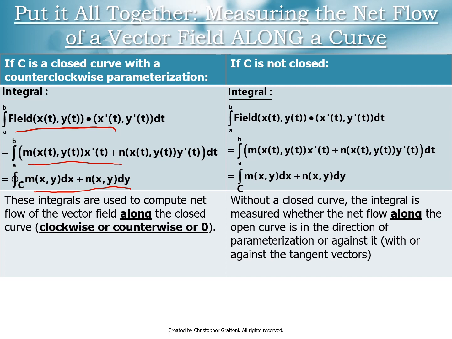There is a little bit of new content on this slide, which is right here. If you are lucky enough to have a closed curve, you can write your path integral with a little loop on your integral symbol. And this symbol just indicates, it actually doesn't change anything about how the integral is computed.